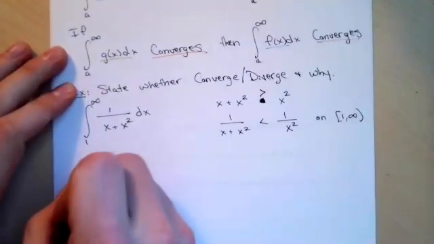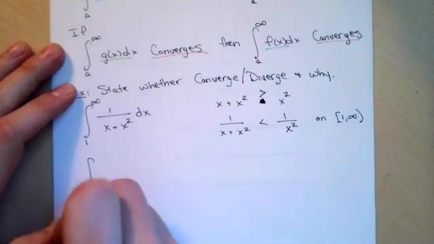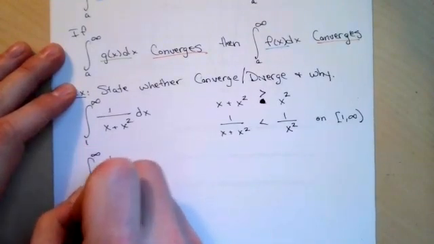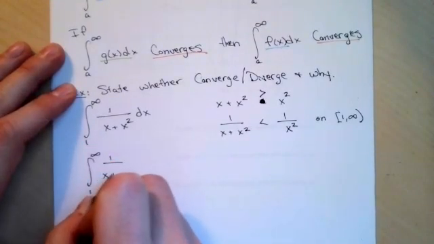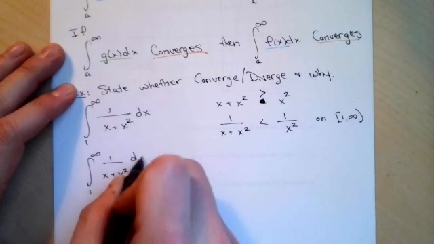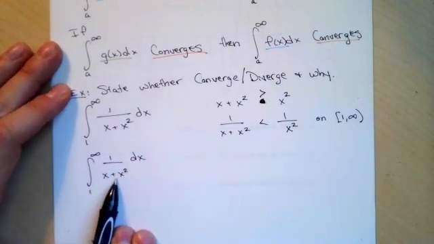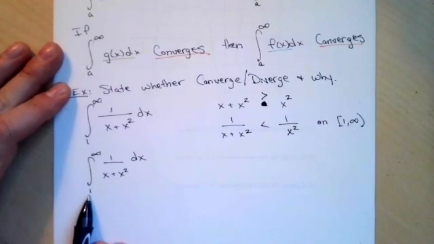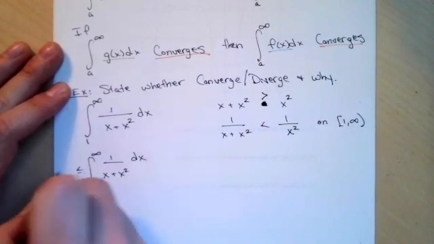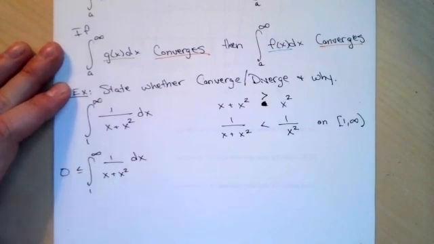Which means that this integral, since the functions are positive, right, all the values we would plug into that function would make that function positive. We know it's bigger than 0.